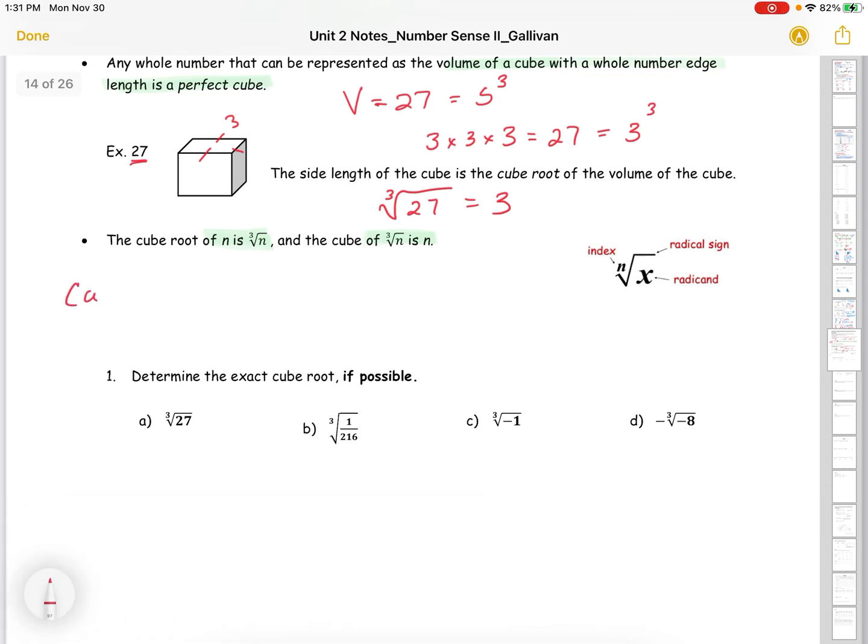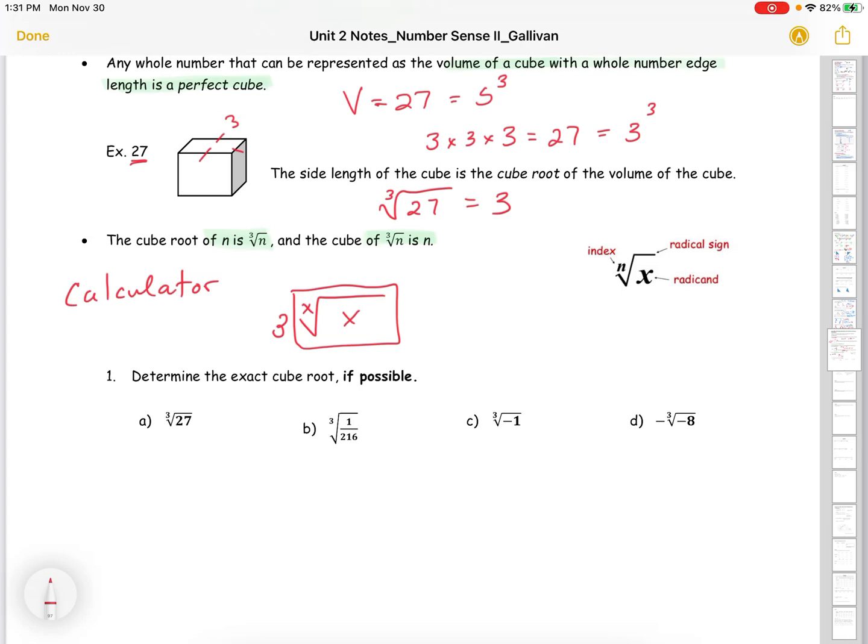Now on your calculators, you put that in by going 3, and then there's a button that looks like this, and it would have an x there.